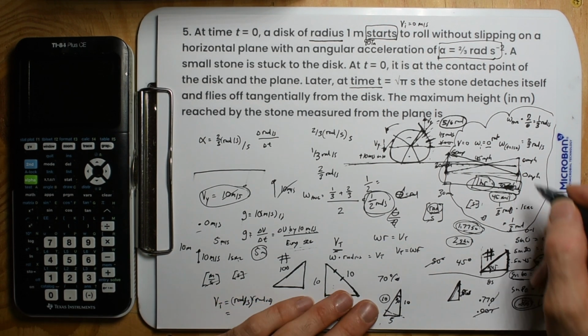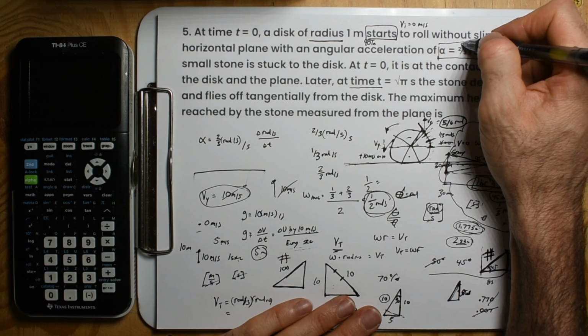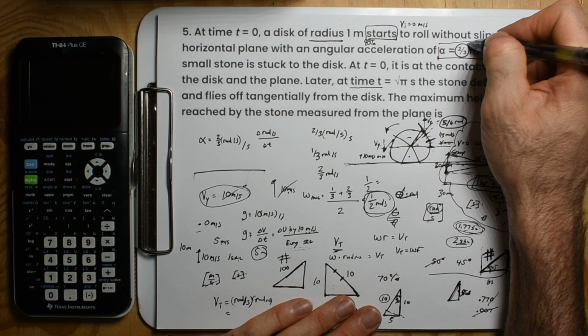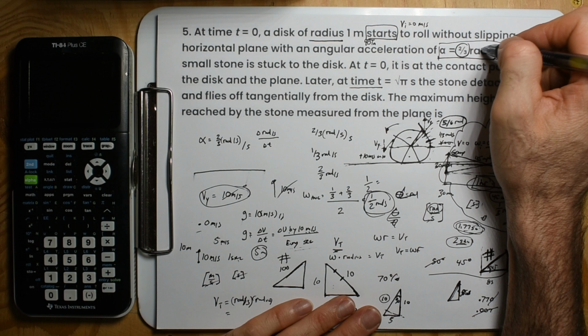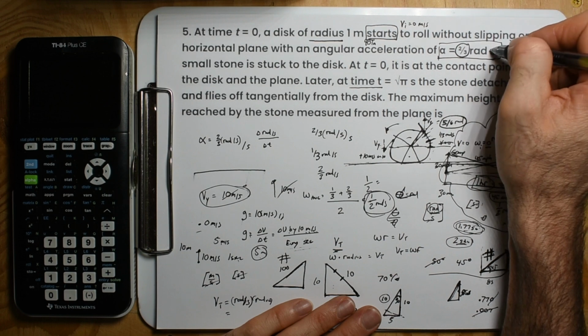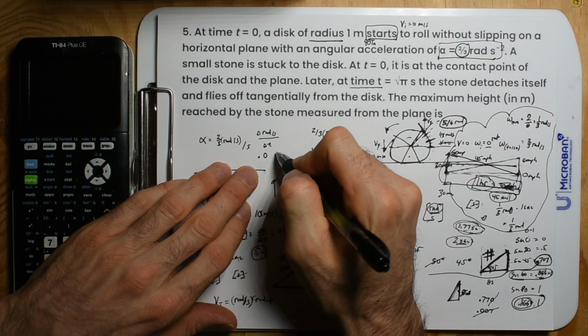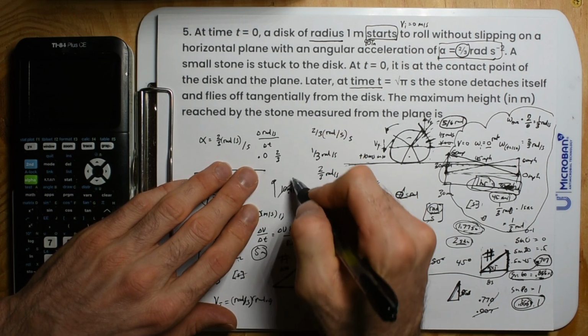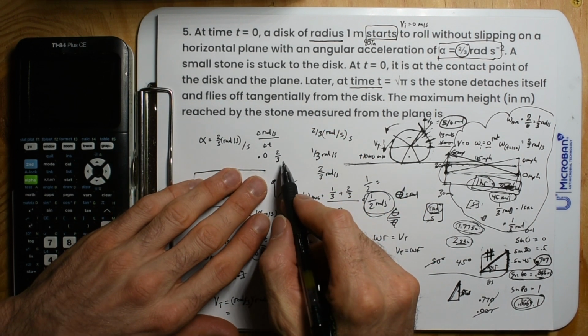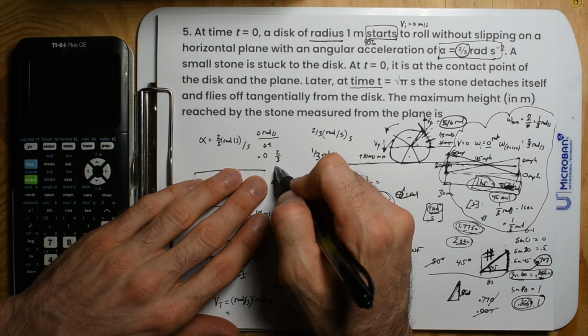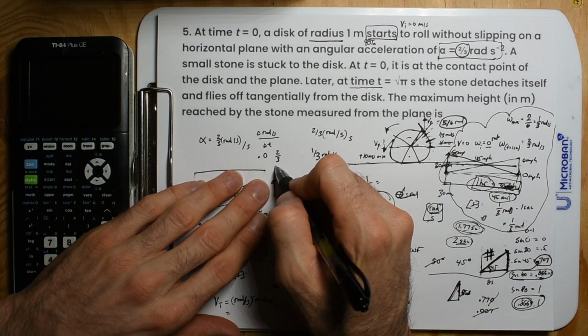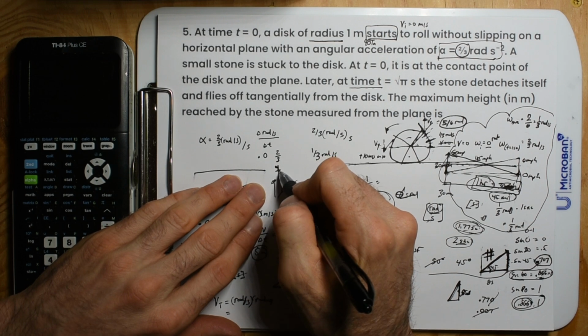Let's take a pause. Because we said that our change in radians per second was 2/3 of a radian every second. So in 1 second, we're going to go from 0 to 2/3 of a radian per second. And in the next second, we're going to go from 2/3 to 4/3.